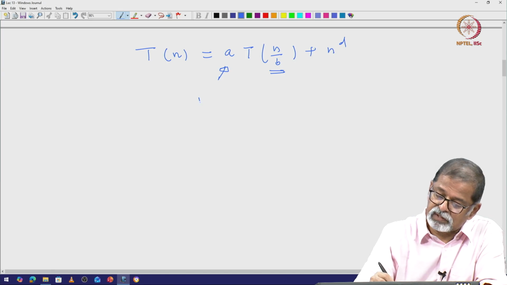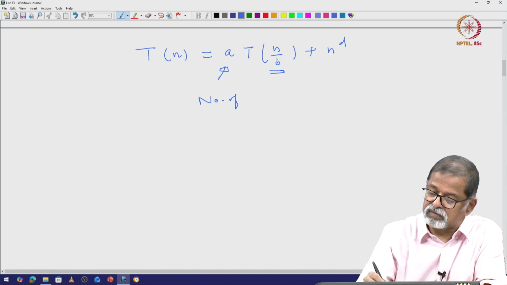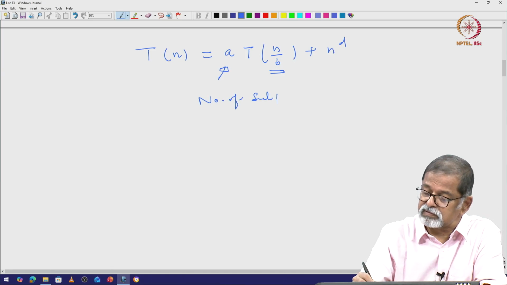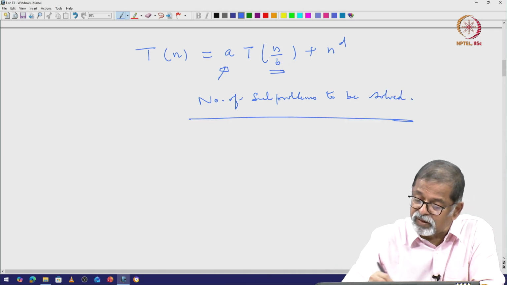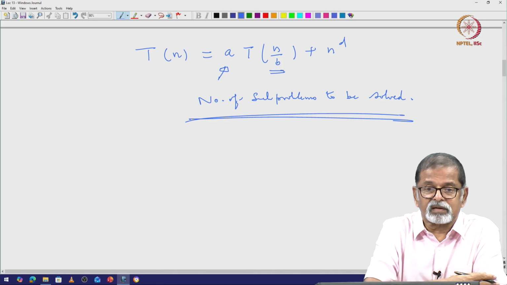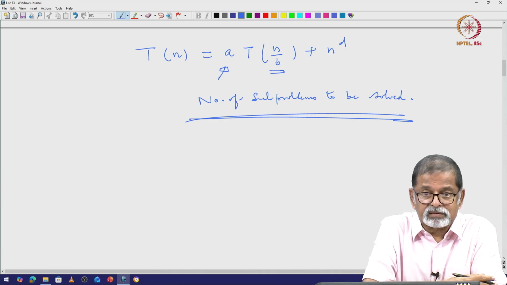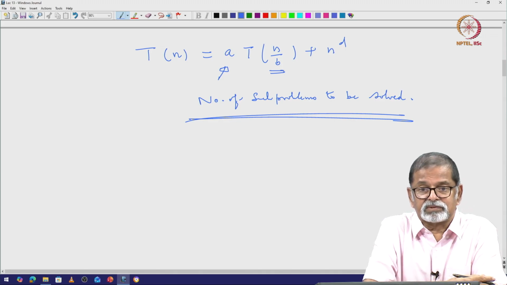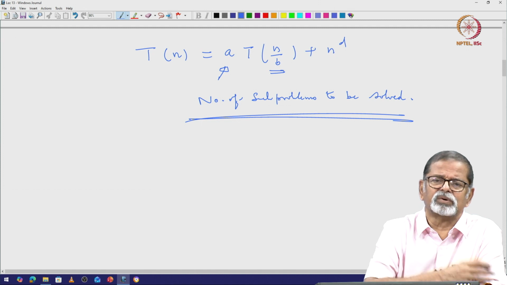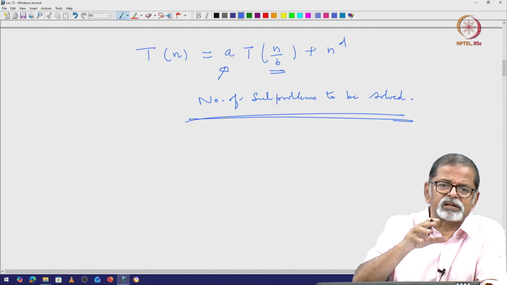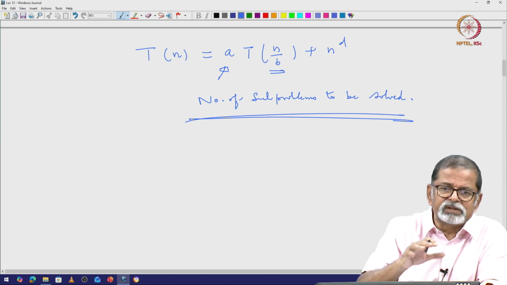So, focus on the number of subproblems to be solved. This is another way of improving divide and conquer algorithms. You will still have a divide and conquer algorithm, but you are going to get a more efficient algorithm with these kinds of approaches.